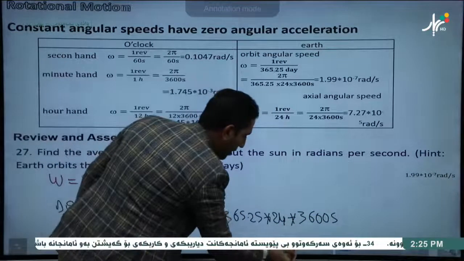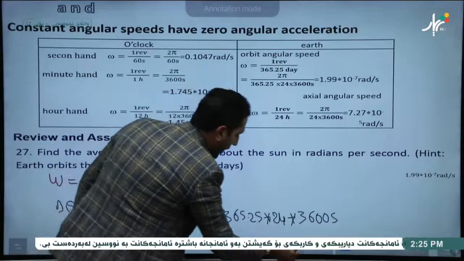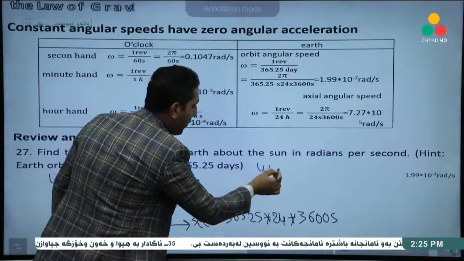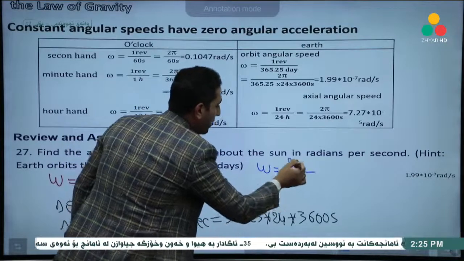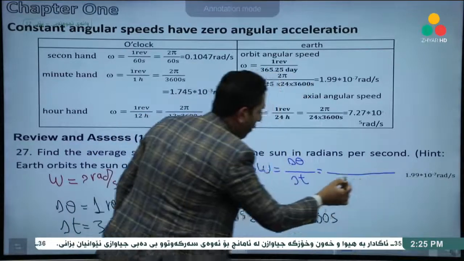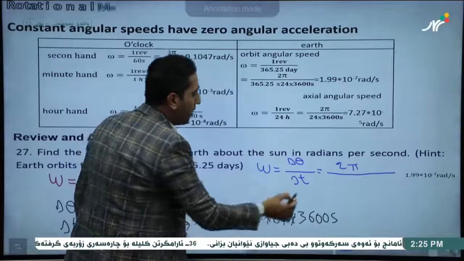Okay. Let's find the angular speed. Omega average is equal to delta theta over delta t. Delta theta is equal to 2 pi over what?